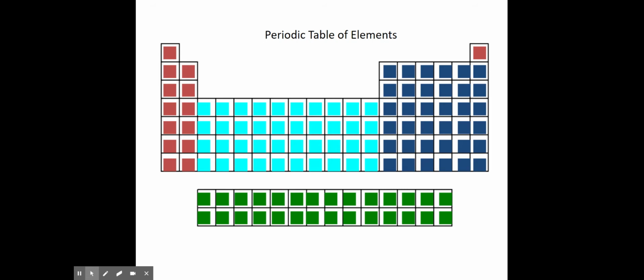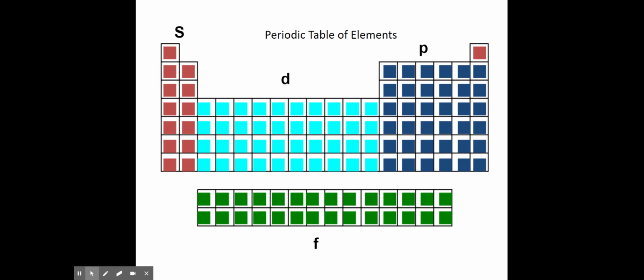They would have you colorize the different blocks that you see on the periodic table shape, and then come to the realization, aha, those blocks are a result of these different subshells. First, notice the 2 columns on the far left.